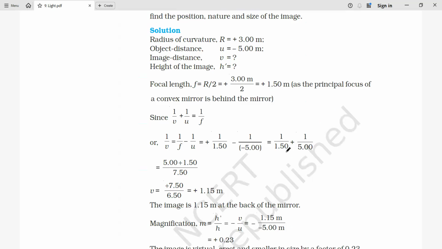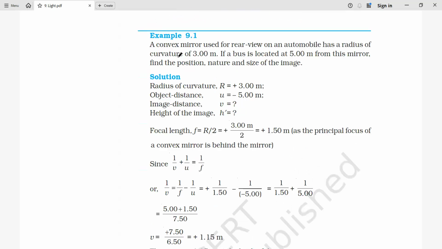So now some problems you can solve here. See how they're asking. Convex mirrors are used as rear view mirrors on automobiles. So it is convex, and it has a radius of curvature.